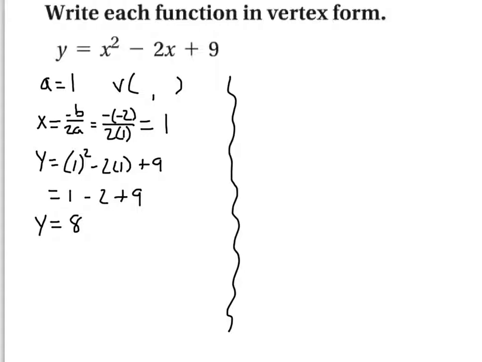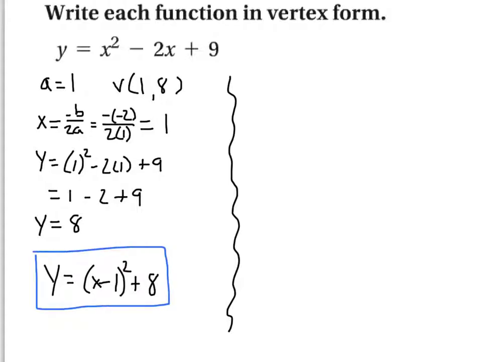Well, that's all we need. We need our coordinate of our vertex, which is now at 1, 8, and our a value. We can write this then in vertex form. Y equals, now since a is 1, do I have to write a 1 out in front? No, I don't need to write that out in front. So y equals x minus 1 quantity squared plus 8.